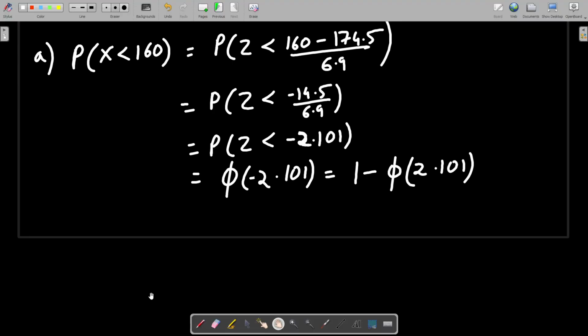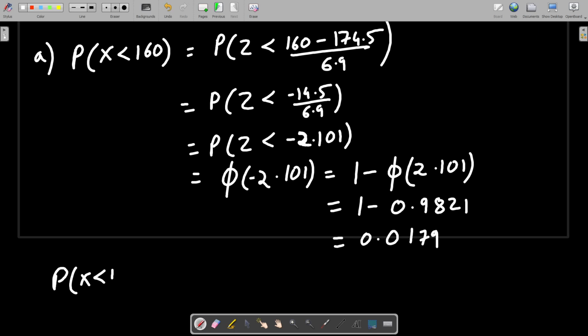So let us write it there. 1 minus 0.9821. So this is going to be equal to 0.0179. Okay, so this is the probability. Probability that x is less than 160 is this.